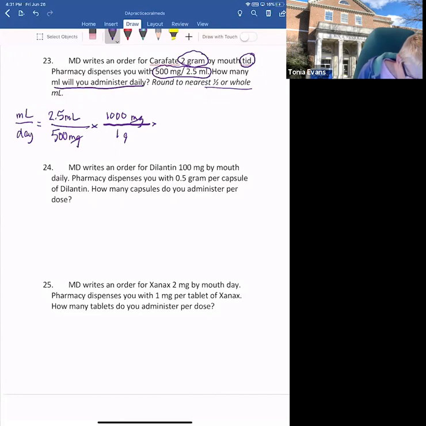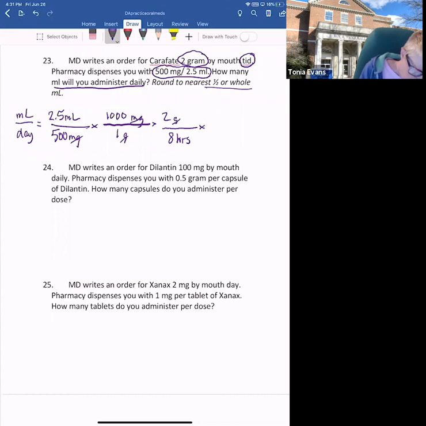And I need to get rid of grams. And so I have 2 grams. And 3 times a day would be every 8 hours. So 8 times 3 is 24, right? And there's 24 hours in a day.